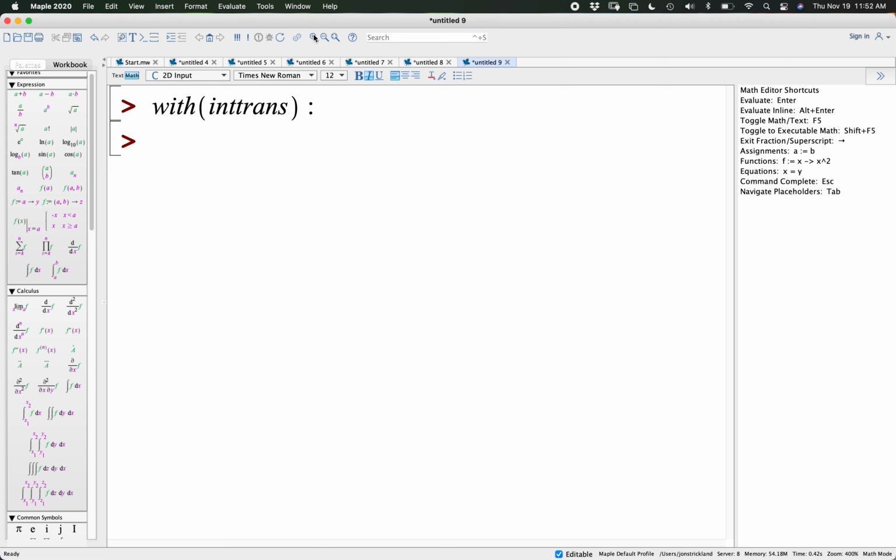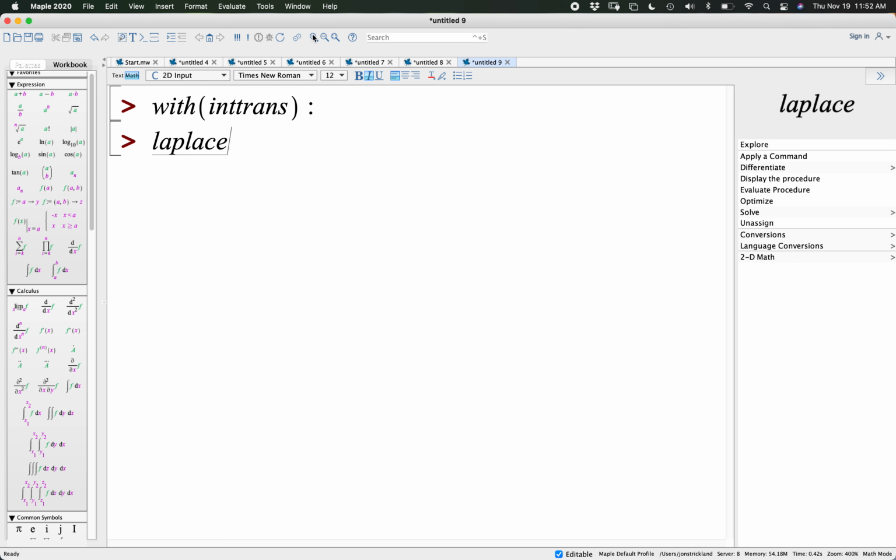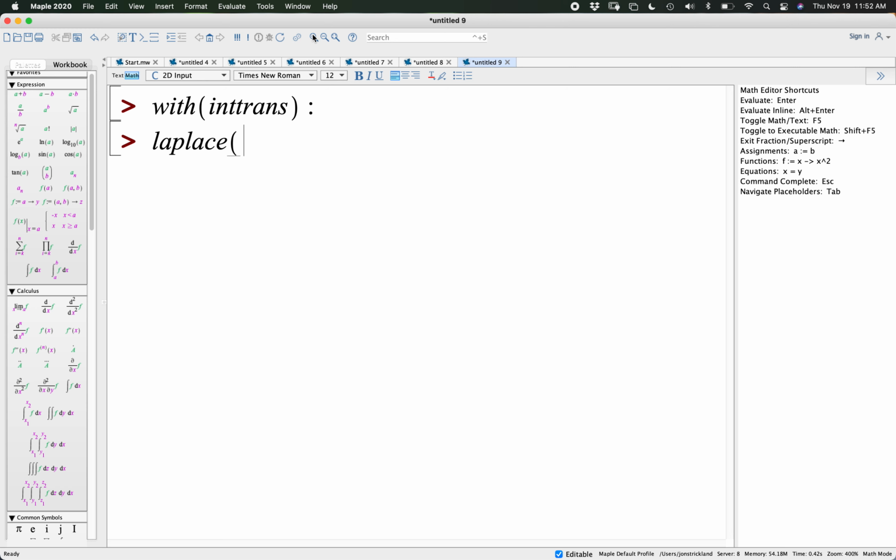Now if I'm looking at the Laplace of, say, a t term, we'll say Laplace of 1, going from terms in t. Your t is your input variable, s is going to be your output variable.